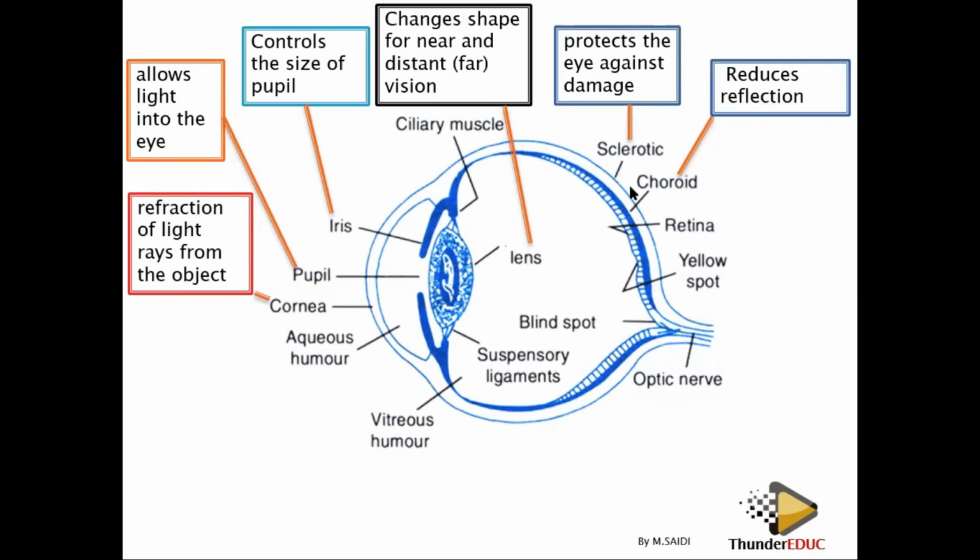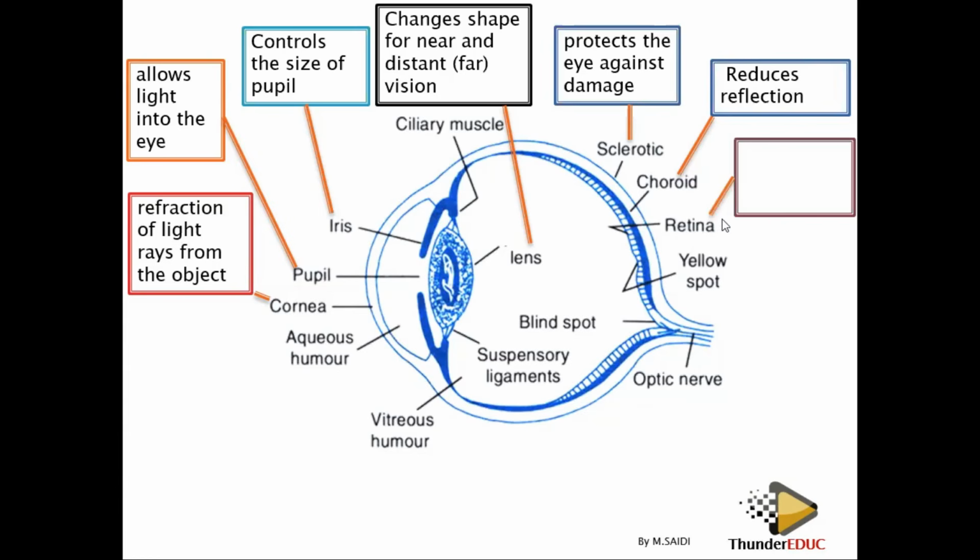Some of it tries to go through, so it should be reflected back. So the function of this choroid is to absorb that light so that it is not reflected back to bring about different images in the eye.